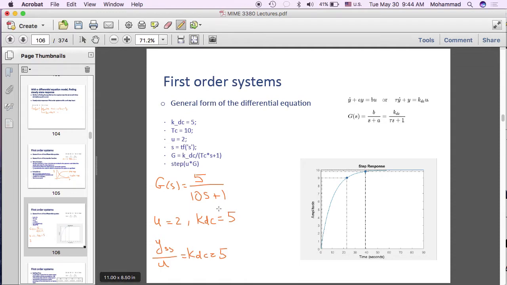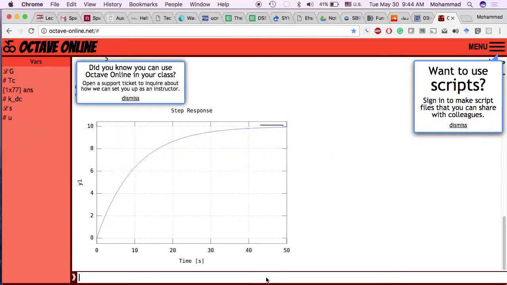So if U is 2, which is like what we are representing here, Y steady state has to be equal to 10. So we need to look at the plot that we got and see if the Y steady state is 10. Is it 10? So that's a positive indication. Now, what is the time constant of the system? How many seconds?